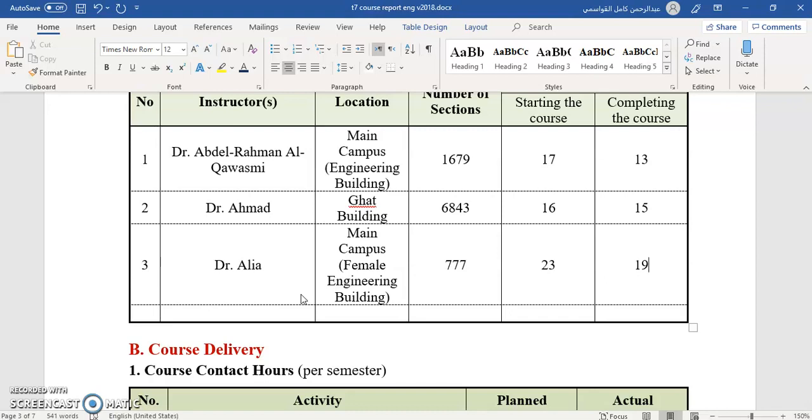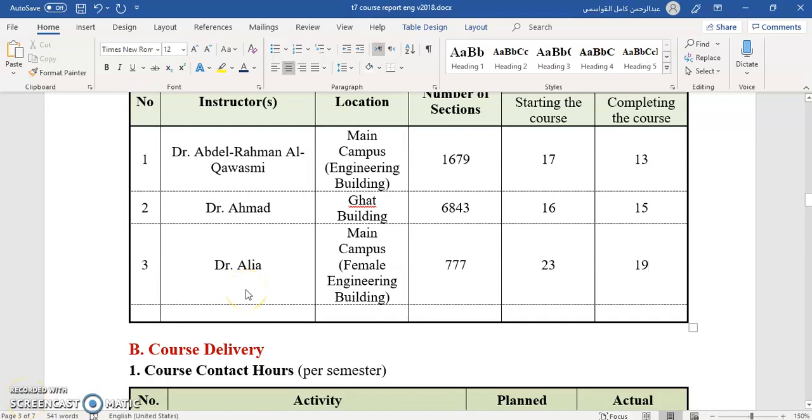The difference is the results, because for every section you have different results, different students, different instructors. So the first way is to fill this course report for every section.